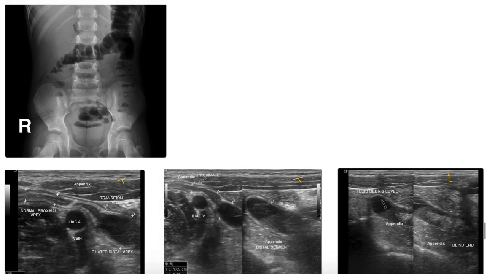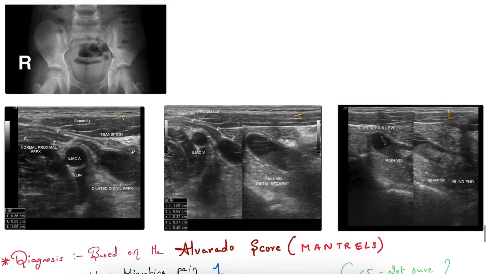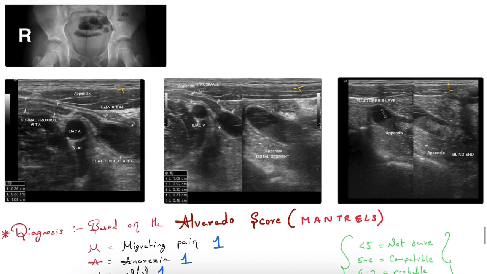Okay, so here this is the ultrasound. In this ultrasound image you can see this is the normal proximal appendix part, and here this is the ileocecal wall. So this is the appendix. The distal part will be dilated, and this is the ileocecal wall.